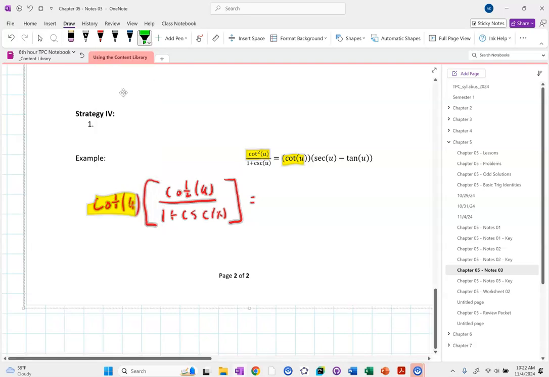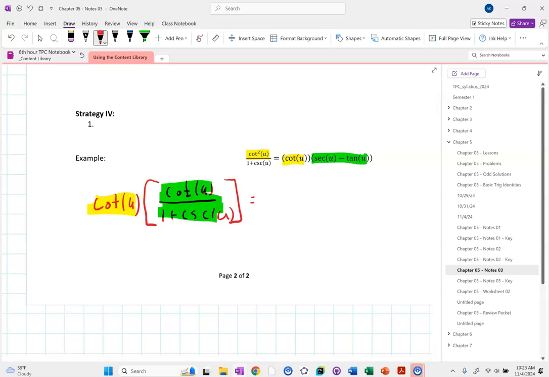That's always a nice first thing to look for. So somehow cotangent over 1 plus cosecant, so those are all supposed to be u, has to turn into secant u minus tangent u. Mar, are you okay? What do you think we want to do here to try to get cotangent u over 1 plus cosecant u heading in that direction?